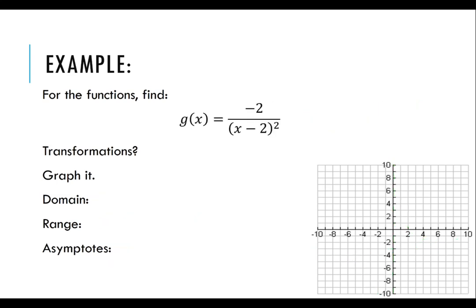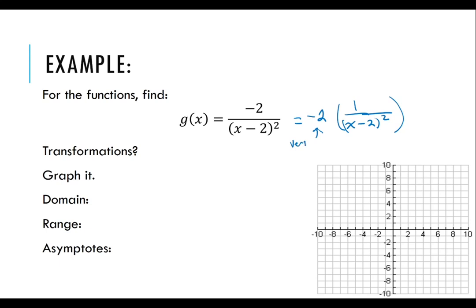Now we want to do all the same things. We have -2 divided by x minus 2 quantity squared. Well, I'm going to readjust this for a moment, and let's say I wrote this as -2 times 1 over x minus 2 quantity squared. Well, notice that what's happening here is this is outside, and so that's a vertical stretch or compression.